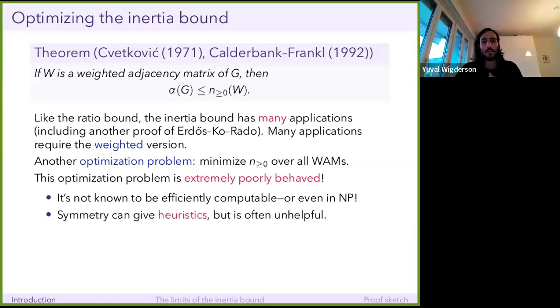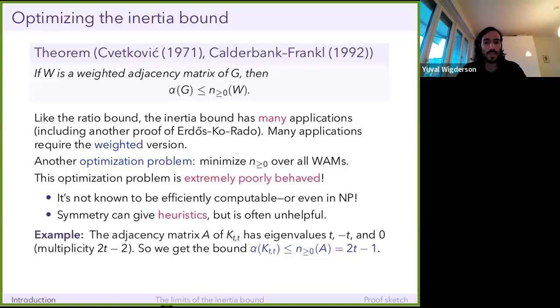Another way: we saw that for the ratio bound, symmetry is very useful. If the graph is symmetric, we can say a lot about the optimization of the ratio bound. And for the inertia bound, that's just not true. You can use symmetry to get heuristics, but often symmetry is actually just really bad. So a nice simple example is if you consider a complete bipartite graph, its ordinary adjacency matrix has eigenvalues t, minus t, and 0 with high multiplicity. So the number of non-negative eigenvalues is actually just one less than the total number of vertices.